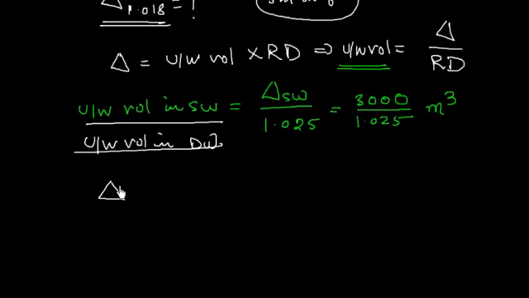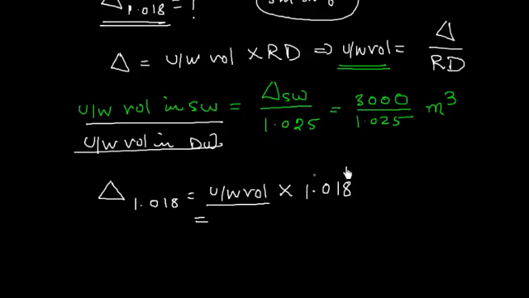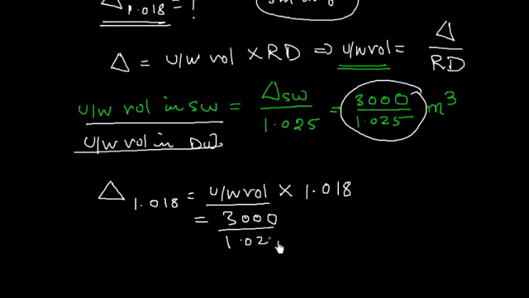So the displacement in dock water of RD 1.018 is going to be underwater volume multiplied by relative density, which is 1.018, and this underwater volume is the same, 3000 ton divided by 1.025, in cubic meter, multiplied by 1.018.